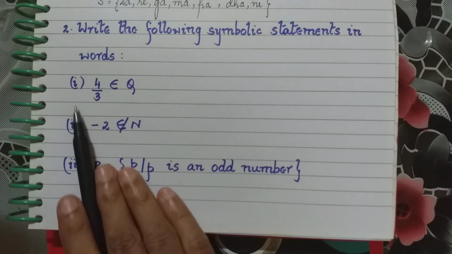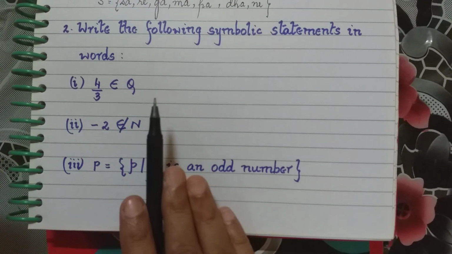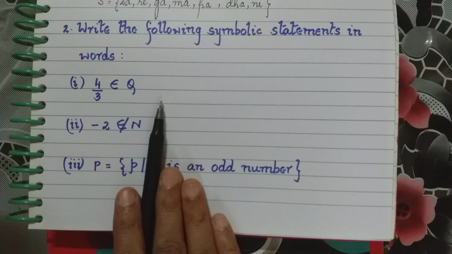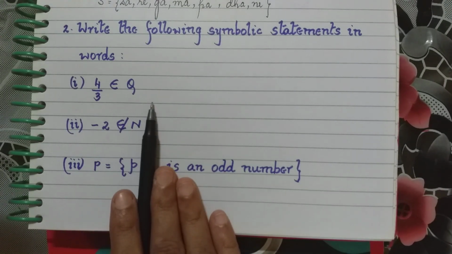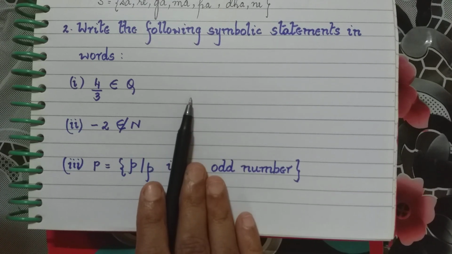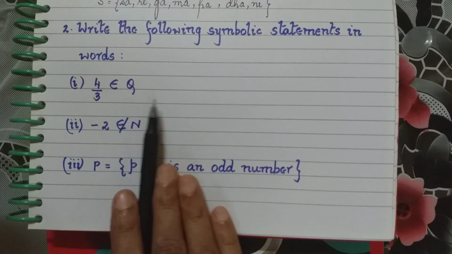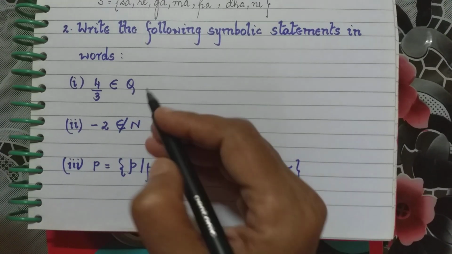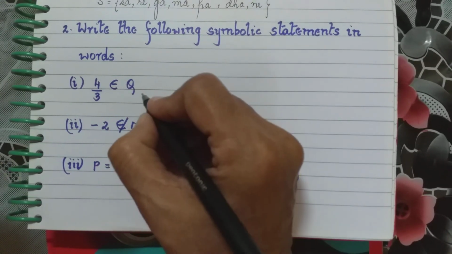Q is the set of rational numbers. So we can say 4 by 3 belongs to the set of rational numbers, or 4 by 3 is an element of the set Q.